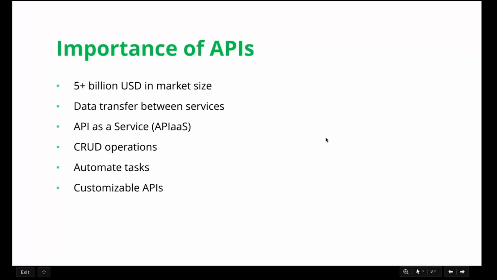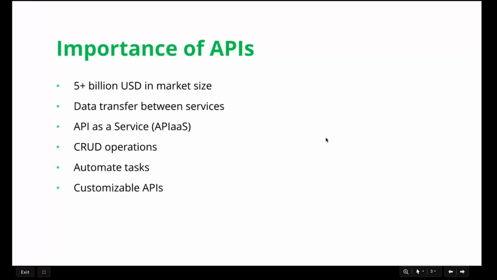APIs essentially take care of the CRUD operations. When I talk about servers or talking between the servers, APIs take care of the CRUD operations. So what do I mean by CRUD operations? And I believe most of you know this. Create, read, update, and delete.